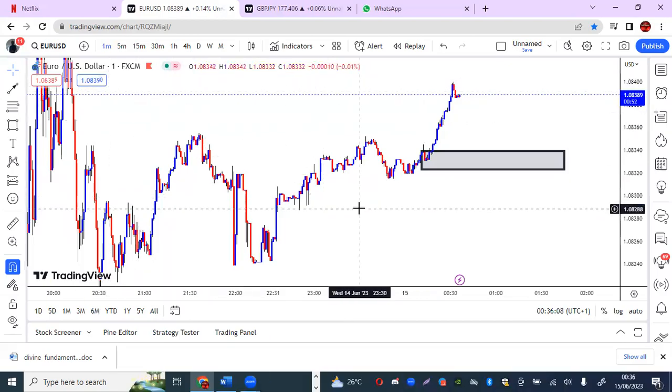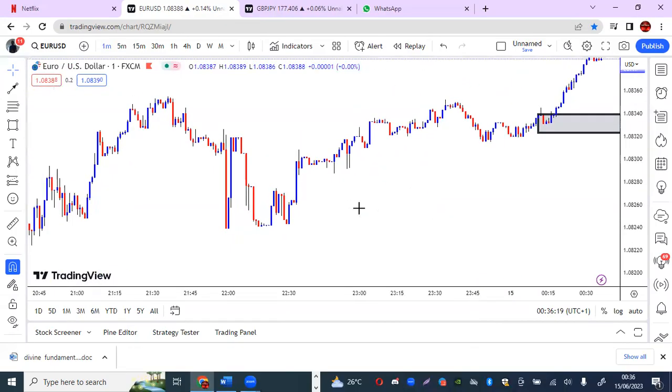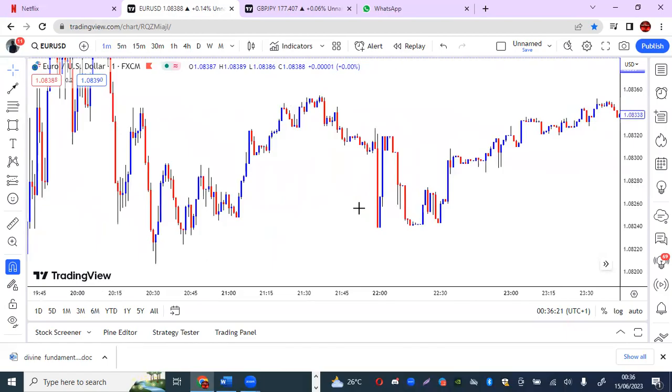Sometimes your base can have up to 3 to 4, maximum 6 small candles. Let me look for an example of that. For example, this particular one I'm going to draw now, you can see the base has like 2 candles.